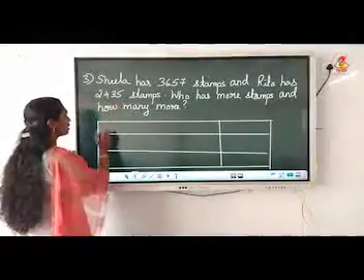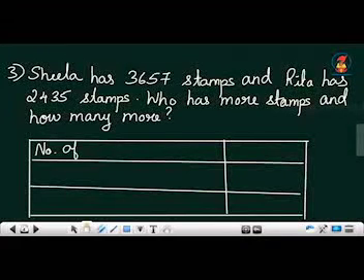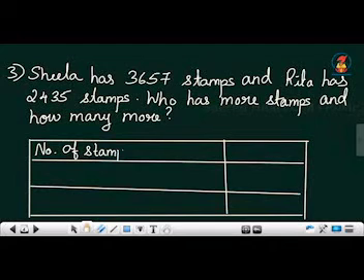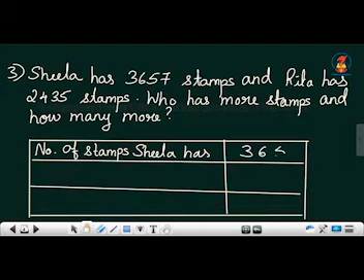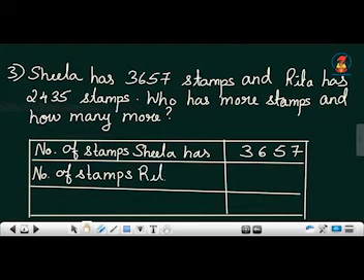So, write the statement. Number of stamps Sheila has. How many stamps Sheila is having? 3657. Yes. Next statement. Number of stamps Rita has.